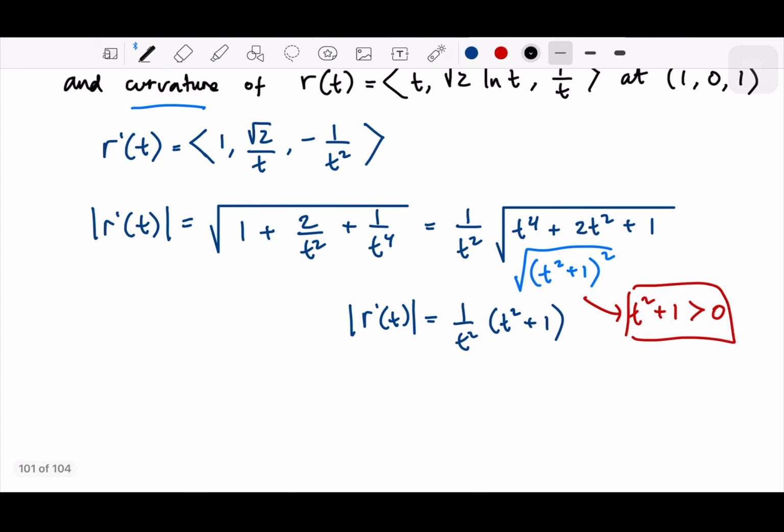And now from this R prime, we have the unit tangent vector.